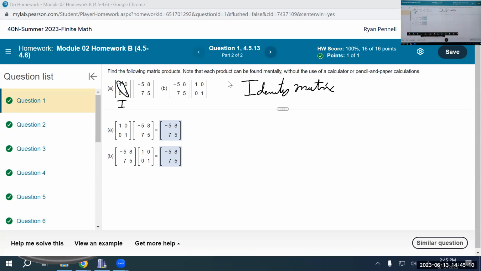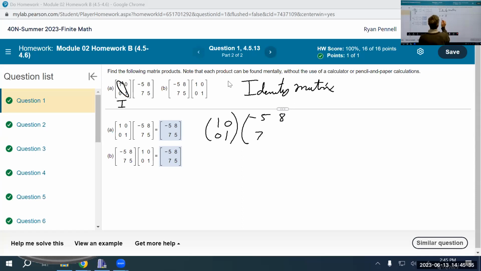Multiplying the number 2 times 1 is just 2. 1 times 2 is 2. 2 times 1 is 2. This is the identity matrix, and that's exactly what happens with this matrix. So if you have 1, 0, 0, 1 times any matrix, you'll get that matrix back.